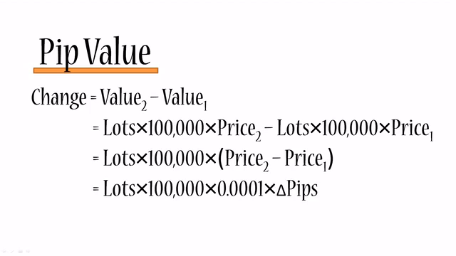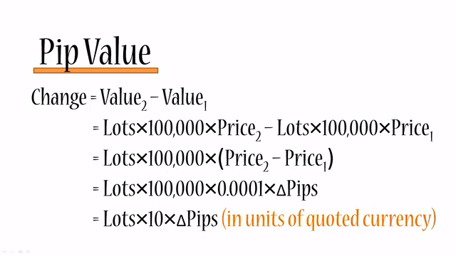Next, we can replace price 2 minus price 1 with delta pips. And we know that regardless of whether we're using a 4-digit or 5-digit broker, a pip is always 0.0001. So here we're replacing price 2 minus price 1 with delta pips times 0.0001. And next, we multiply 100,000 times 0.0001, which gives us 10. So the change in value is always equal to lots times 10 times delta pips and is measured in the units of quoted currency.